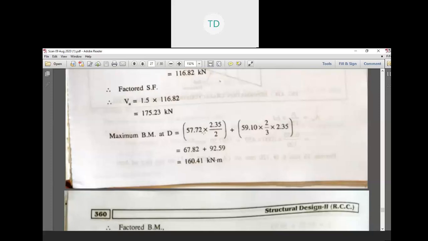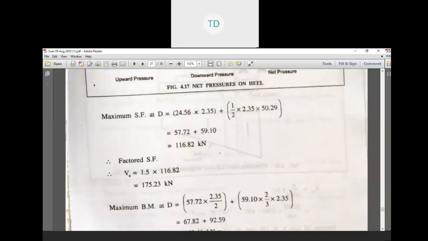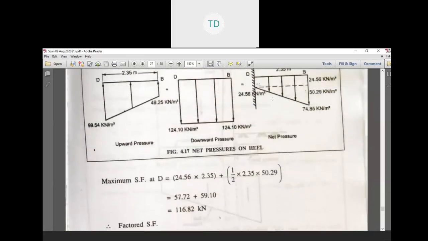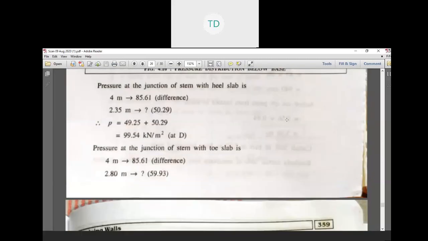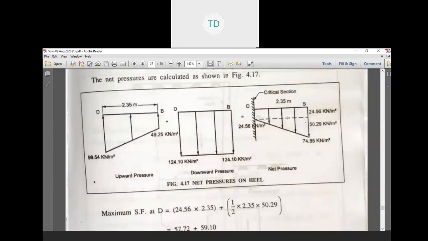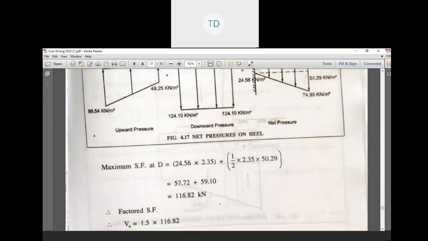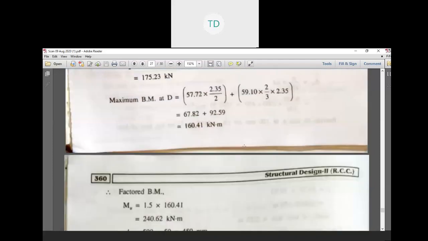Maximum bending moment at D is equal to 57.72 into 2.35 divided by 2 plus 59.10 into 2 by 3 into 2.35, as we calculate from the figure.